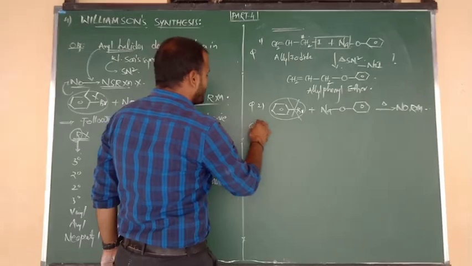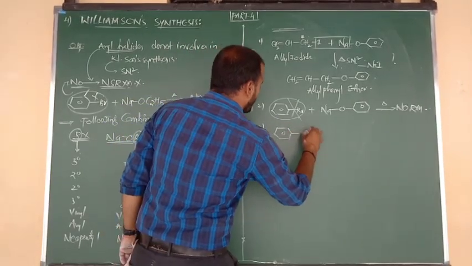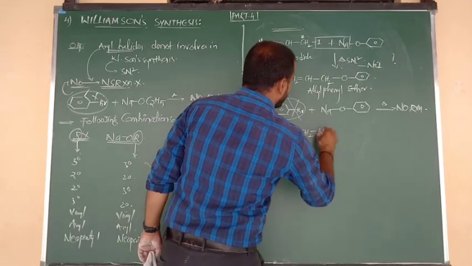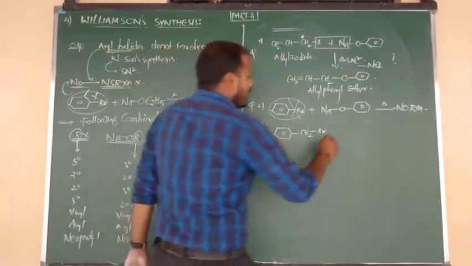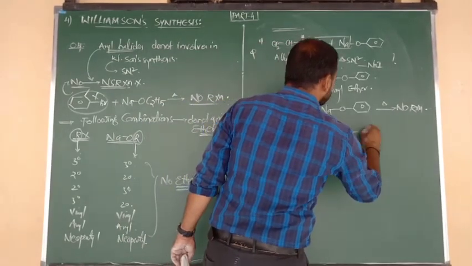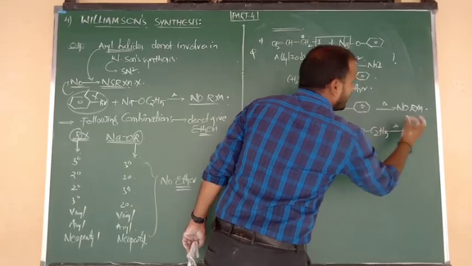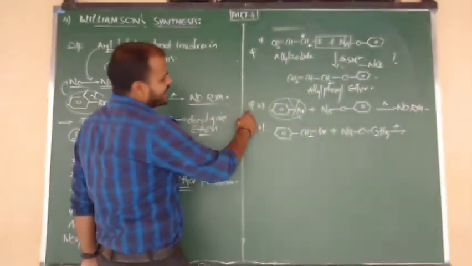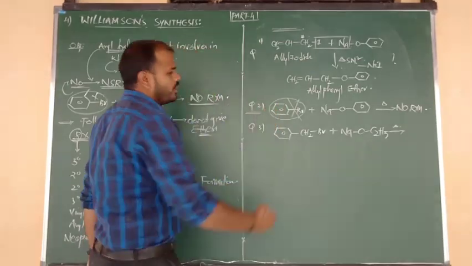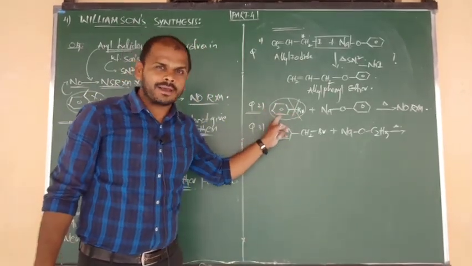Next question I am going to ask you, beta. Question number 3. Benzene bonded to CH2, CH2 bonded to Br, nothing but benzyl bromide. It upon reaction with sodium ethoxide, NaOC2H5. Now tell me whether this reaction can proceed or not. Listen carefully, beta. In question number 2, I told you Br is bonded to benzene, the halogen directly connected to benzene.